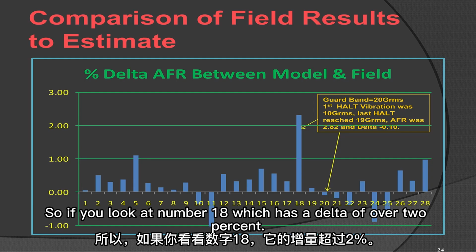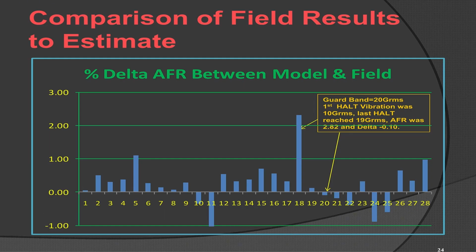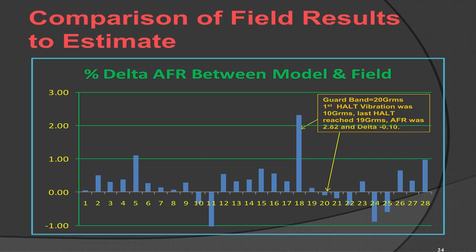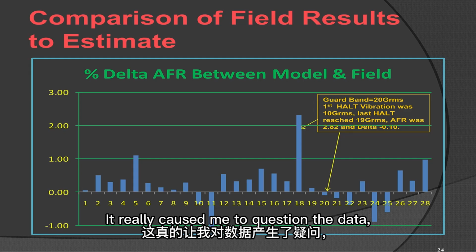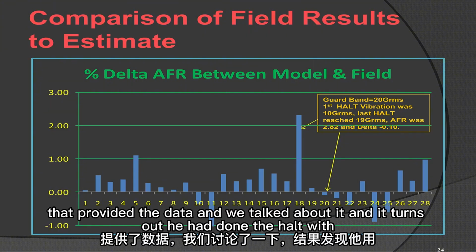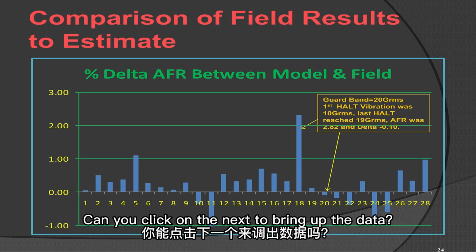If you look at number 18, which has a delta of over 2%, which is well beyond the goal that I had of 1%, it really caused me to question the data. So I did call the fellow back that provided the data, and we talked about it. It turns out he had done the HALT with 3 units. Can you click on the next to bring up the data?